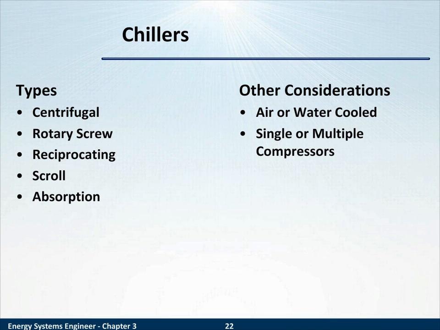The scroll compressor, also known as a scroll chiller, predominates. In the medium size, 100 to 500 tons, the screw compressor, or screw chiller as it's called, predominates. When you're looking at large systems, 300, 500, 5,000 tons or more, you're typically looking at a centrifugal chiller.